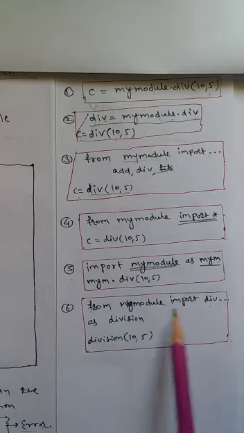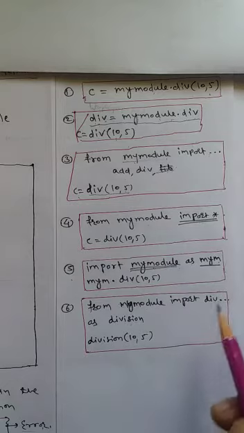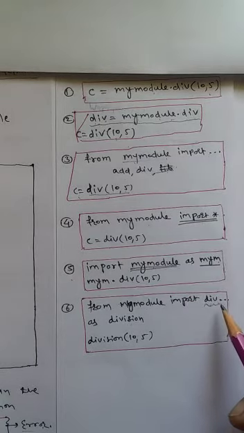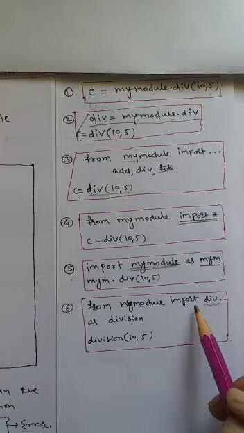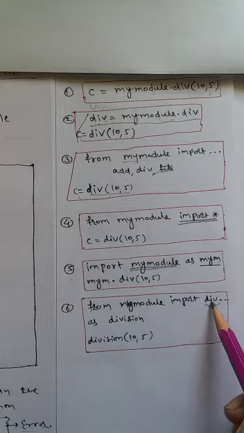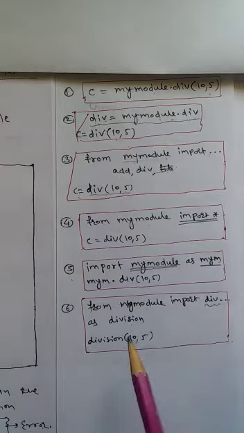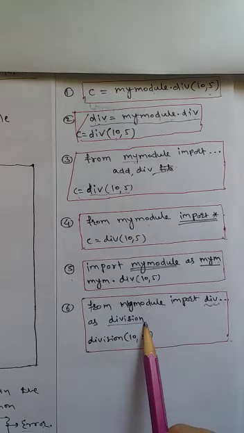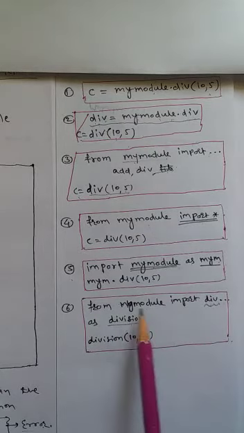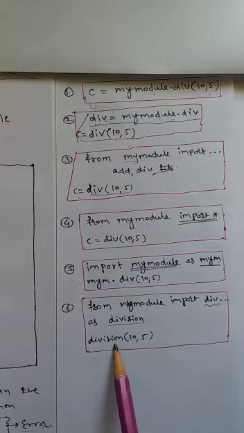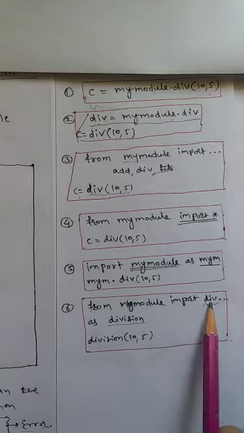If we feel that the name of the function is not that readable, it is better to write it in a form so that we can easily understand for what purpose that function is written. So instead of calling it div, we call it by its full name, division. So from my module import div as division. Whenever you refer to division, you are actually accessing the div function.